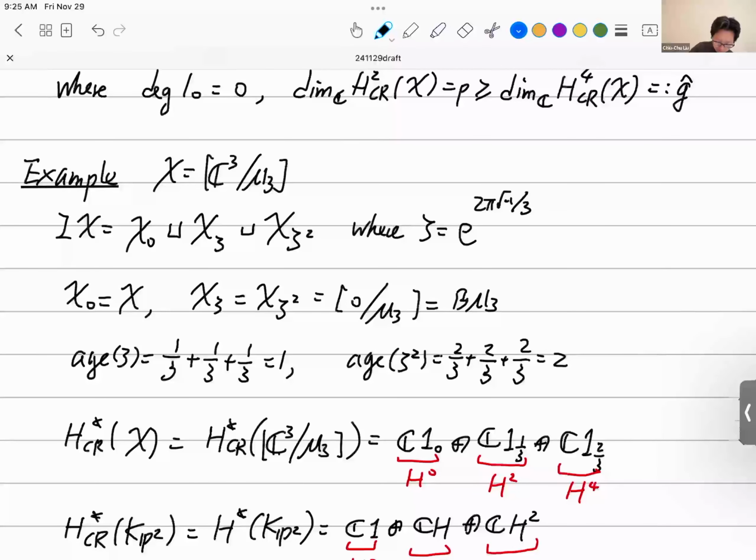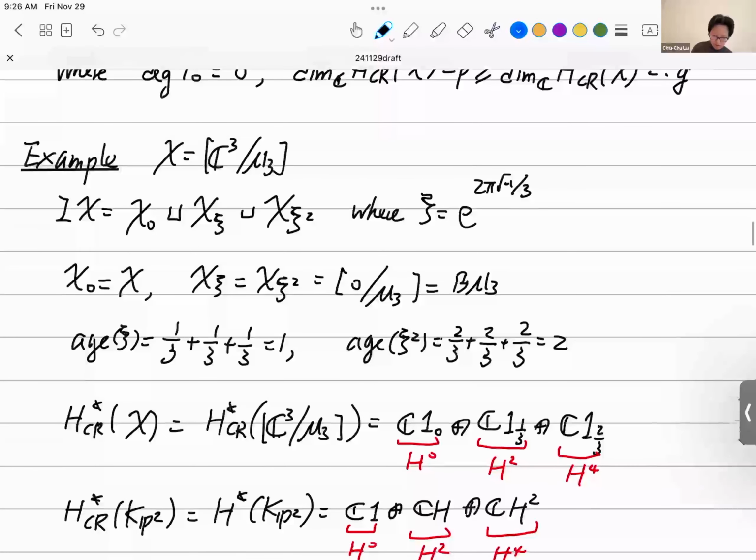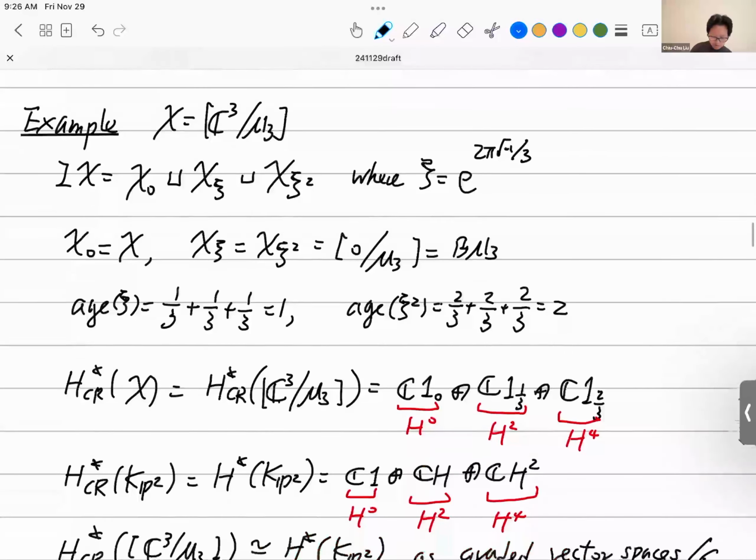So maybe let me make it kappa. Because kappa acts by epsilon 1, epsilon 2, and epsilon 3 equal to 1/3, 1/3, and 1/3, the age of kappa is 1 and the age of kappa squared is 2.